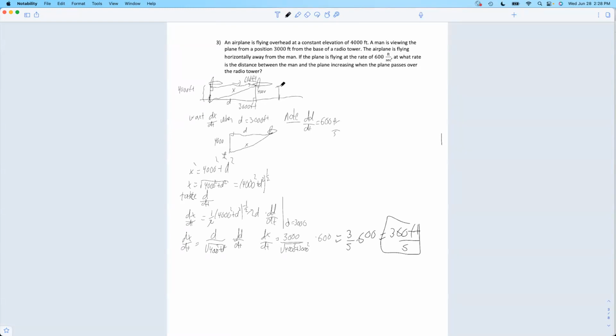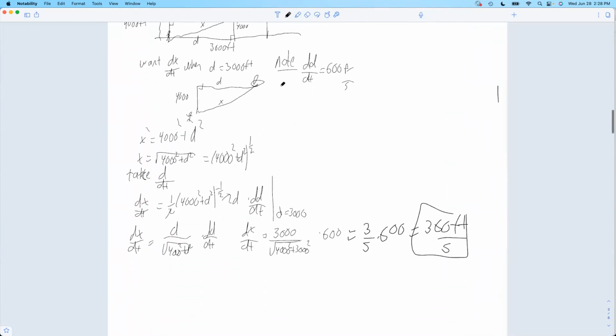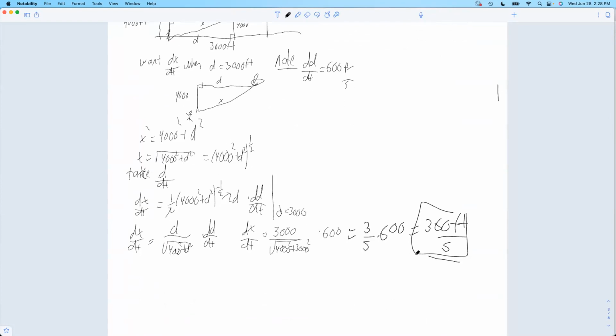Okay, now here's a different way we could have done the problem. Like I said, we're going to do it 3 different ways. From right here, once I had this relationship, x squared equals 4,000 squared plus d squared, I went through the trouble of solving that for x, but I didn't have to.